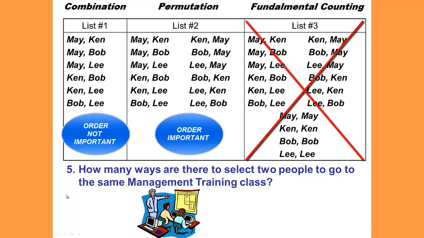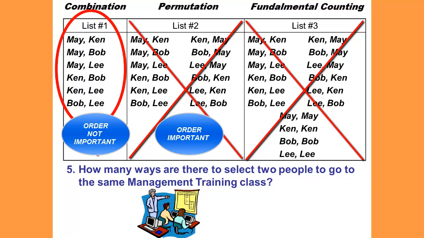Therefore, order is not important, and since order is not important and repetitions are not allowed, we have a combination, which is list 1. 4C2, 4 combinations of 2, or 6.